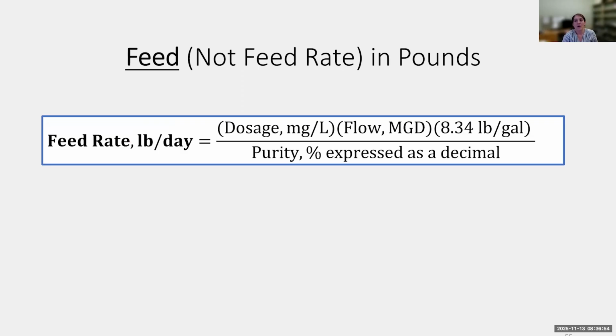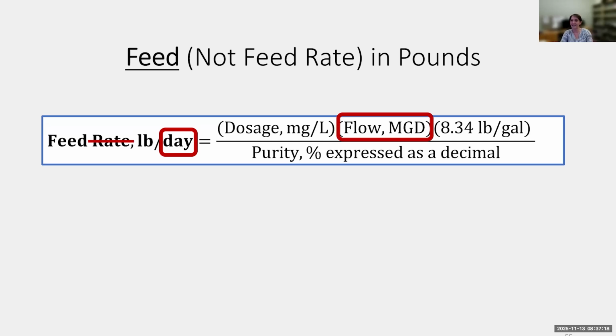So what if you don't want a rate? What if you just want to add chlorine once? Like if you have a tank filled with water and you want to put chlorine in that. So let's look at how to get rid of our rate, or our time component, in our equation. Our answer is in pounds per day, and we want to get rid of that day.